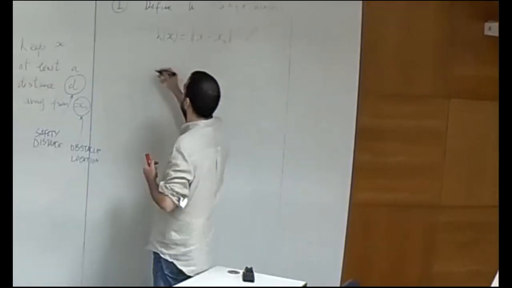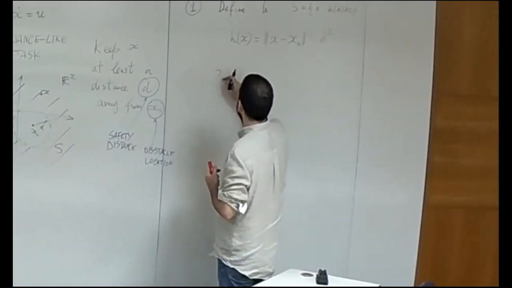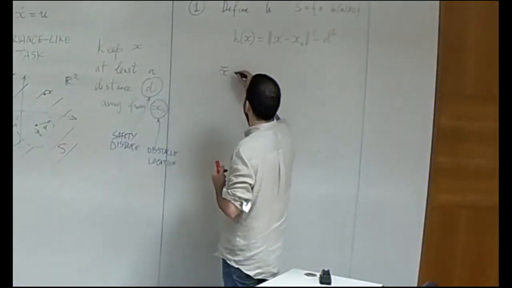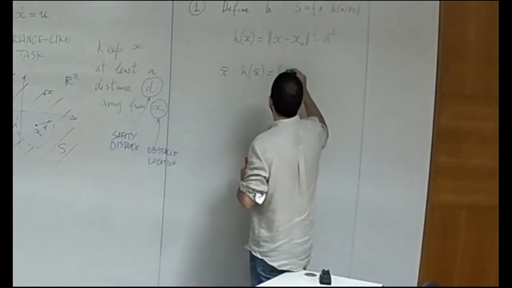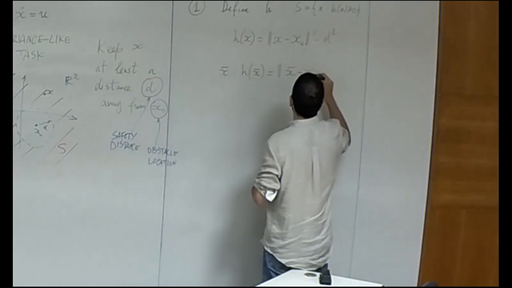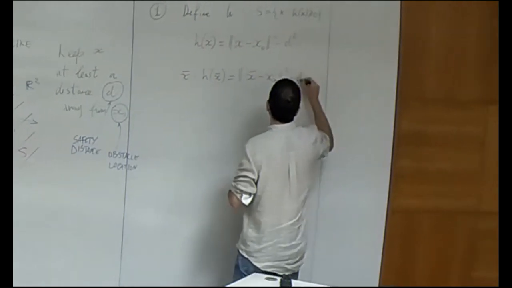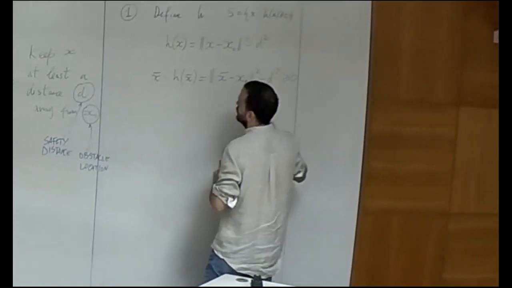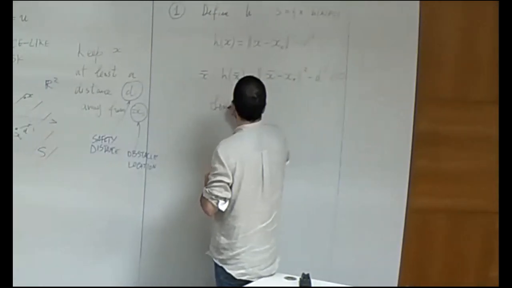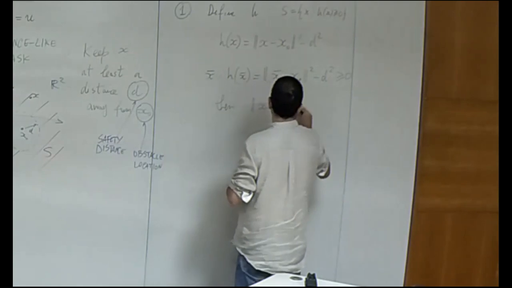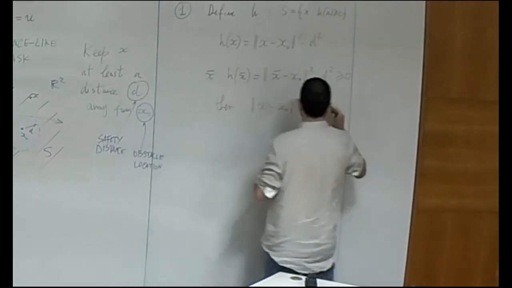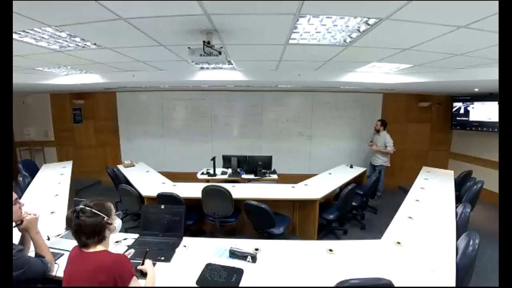If x bar is such that h of x bar is positive, then we have the distance from the obstacle greater than or equal to the safety distance.